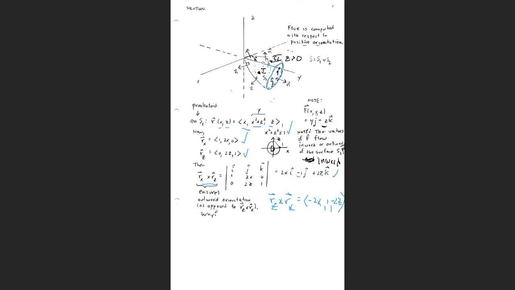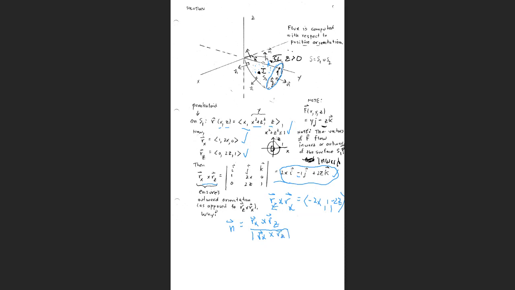So remember, how was the normal vector defined? The normal vector was defined as the cross product of the vectors divided by the length of the cross product of those vectors. You get a normal unit vector.